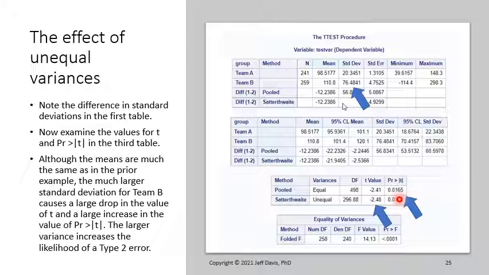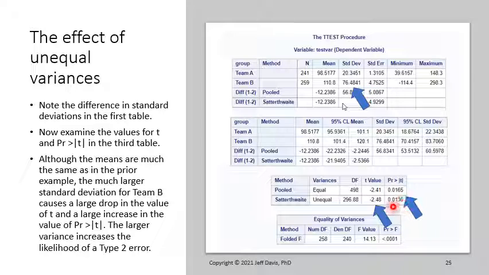This is way larger. It's still less than 0.05, but it is way larger than what we saw in that first set of output. Now this is all being driven by that fairly large increase in the standard deviation just for team B. It didn't really change much for team A, but for team B, really large jump.